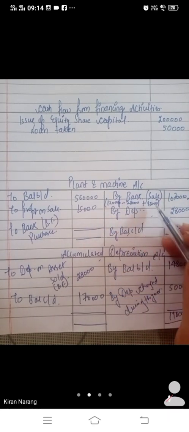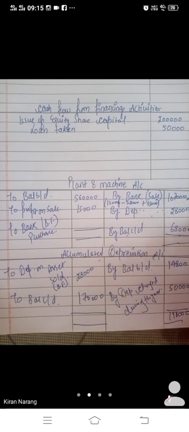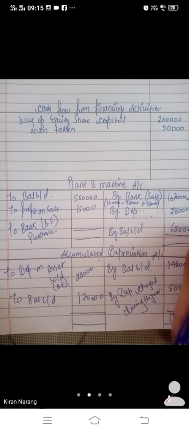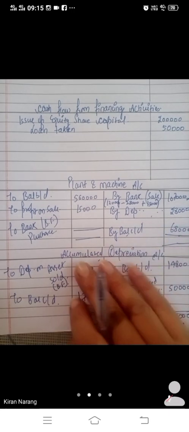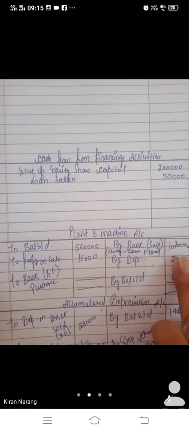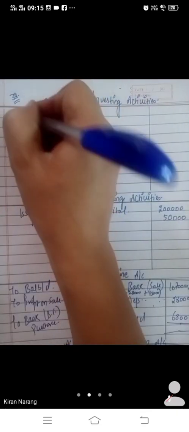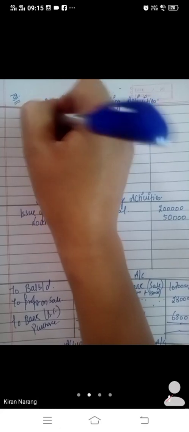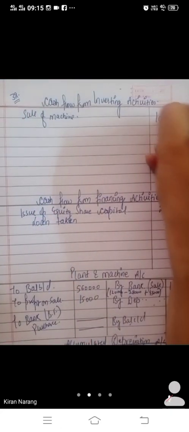Depreciation will be subtracted, profit will be added. It will become 1,07,000. Now from here we have to make the investing activities. One sale of asset will be there. Sale of machine. And it is 1,07,000.